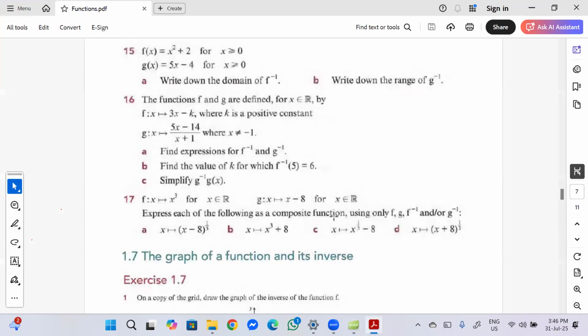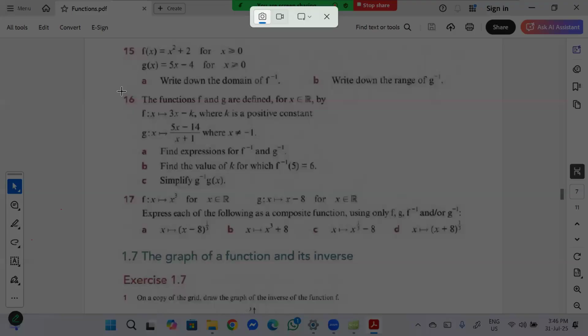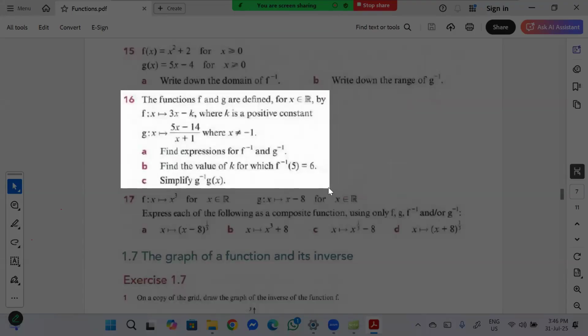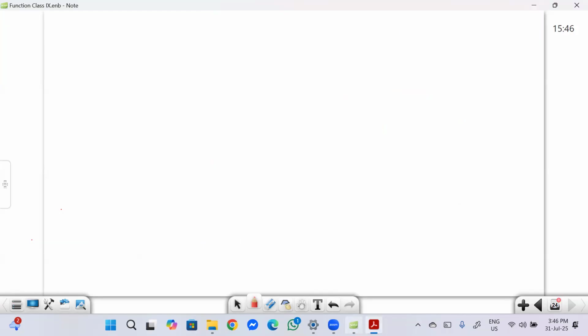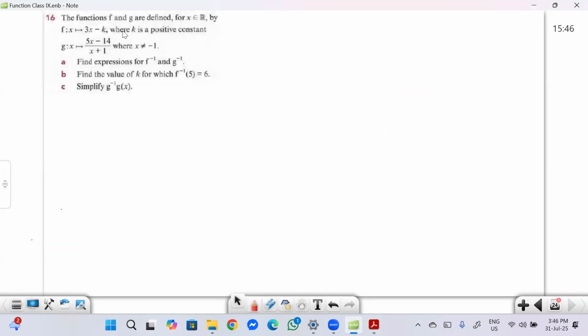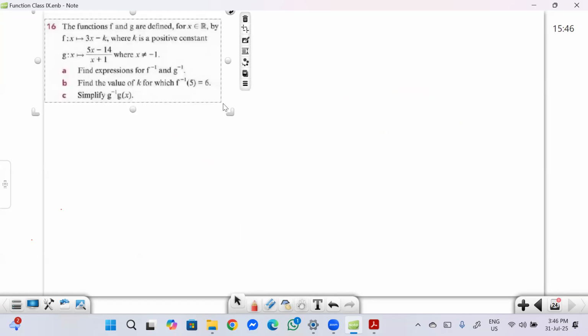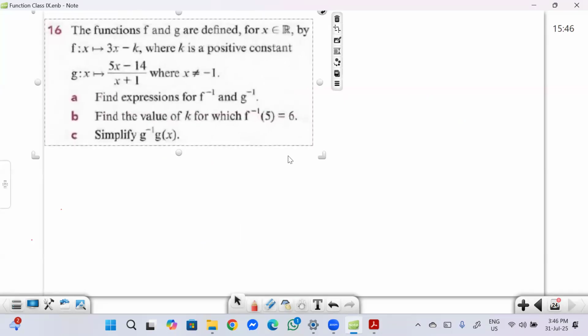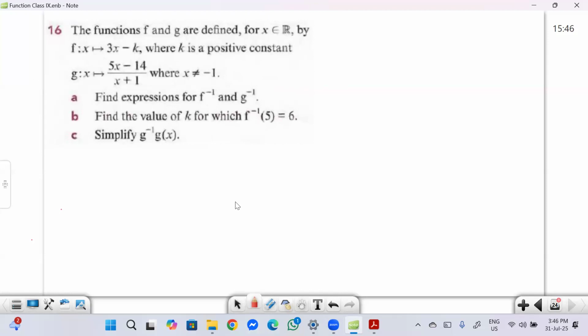Let's try 16. The functions f and g are defined for x in the real numbers.